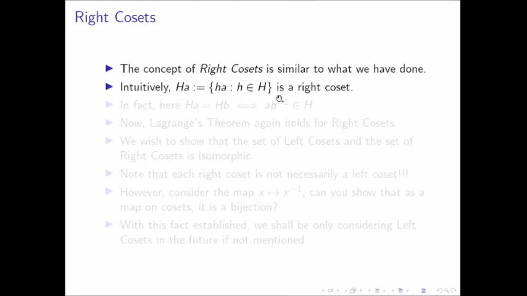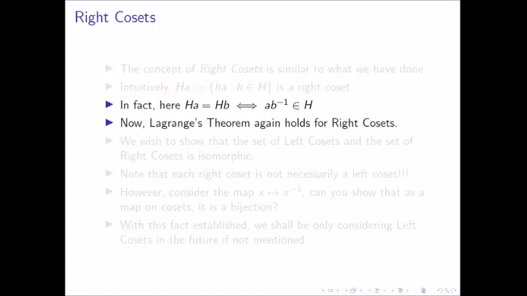This is a right coset of H. So for every element in the group, we can define a right coset. Now, similar to our fact for left cosets, Ha is a subgroup if and only if a is an element of capital H. In fact, here Ha is equal to Hb if and only if ab inverse is an element of H. Over there it was a inverse b or b inverse a is an element of H. Over here it's ab inverse is an element of H.